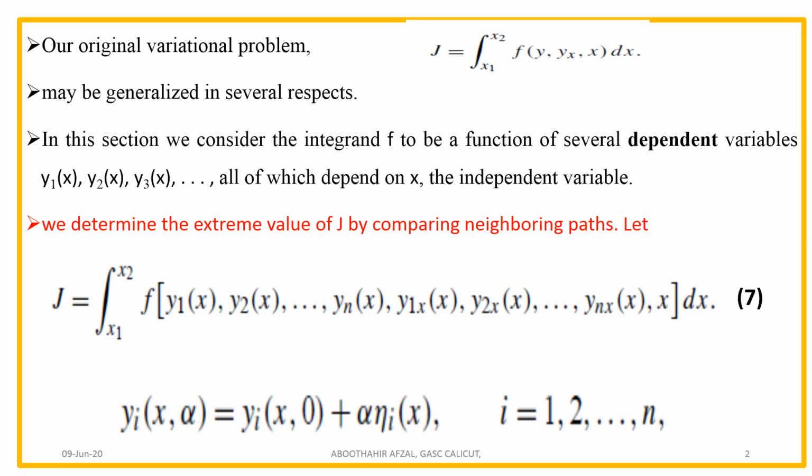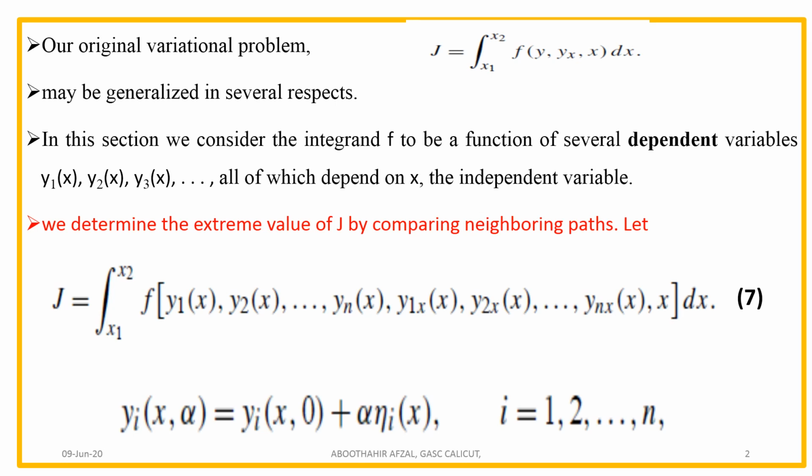Now let us think of generalizing this problem where f depends not only on y but on many y's, y1, y2, y3, etc. That means f is a function of several dependent variables, where there is only one independent variable, which is x.